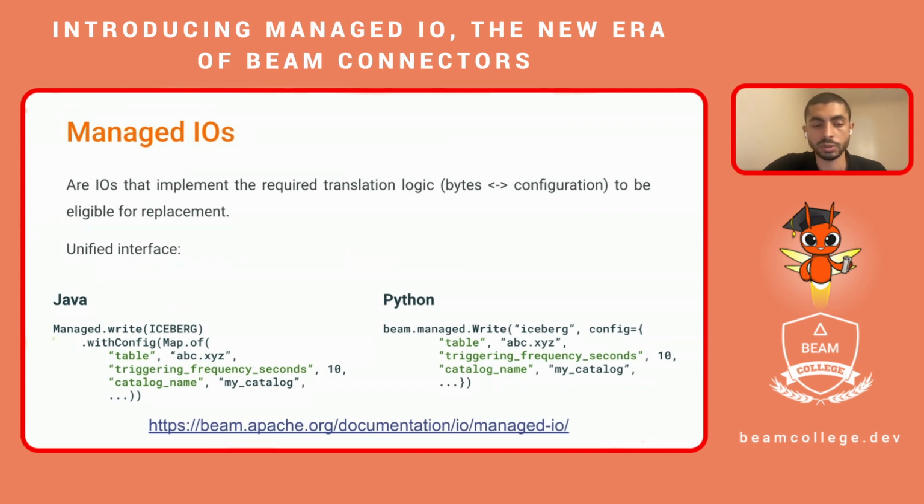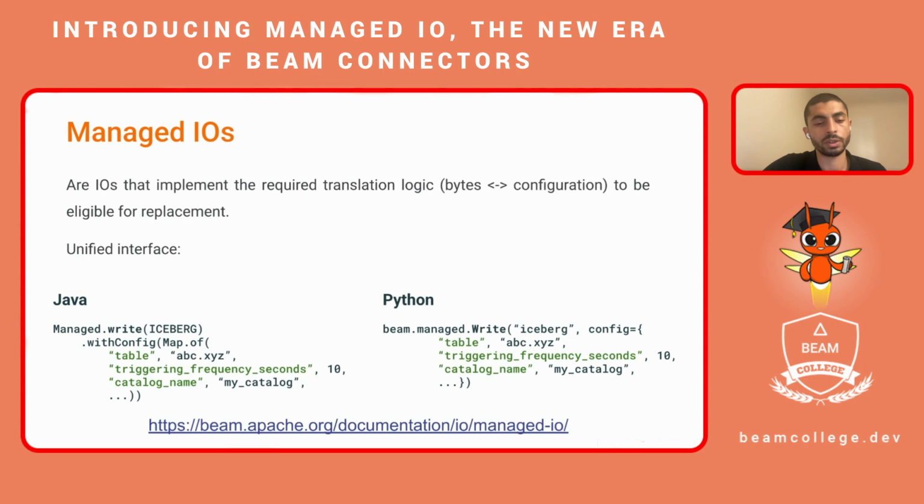So all you need to do is use this unified API for all managed IOs and just specify the type of IO that you're trying to use. And all of the configuration can be put in as a map, as you can see here. And this is consistent between Java and Python. And we also try to keep the configuration options consistent across IOs.